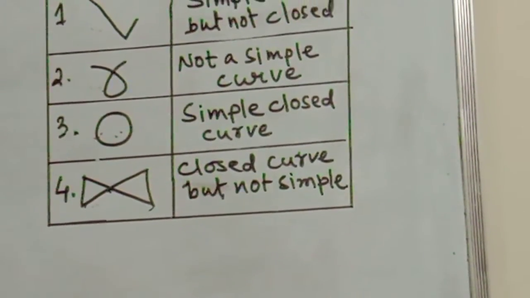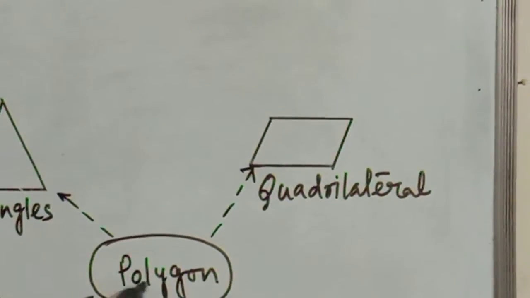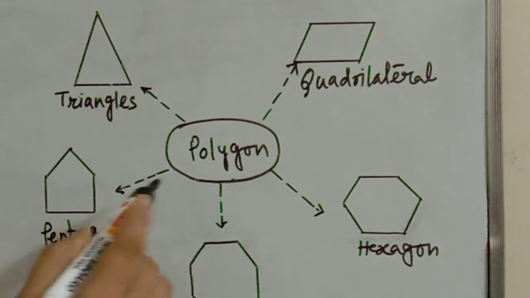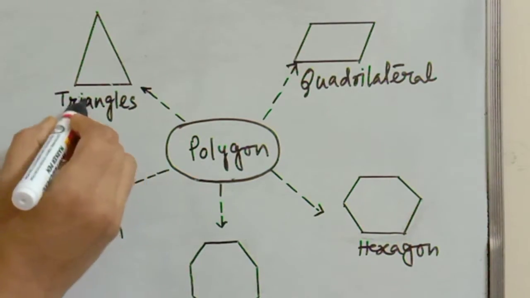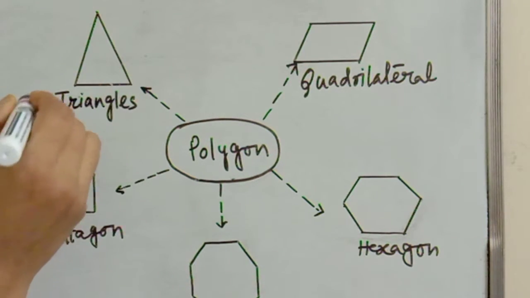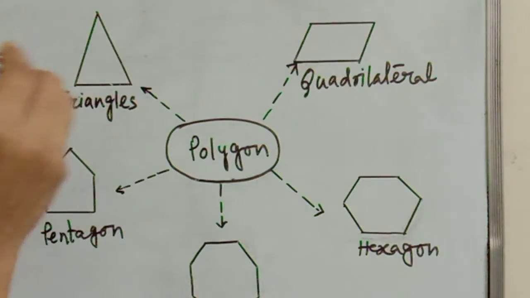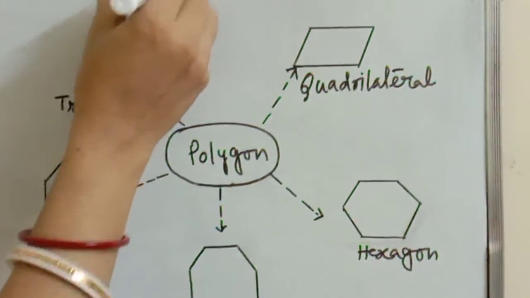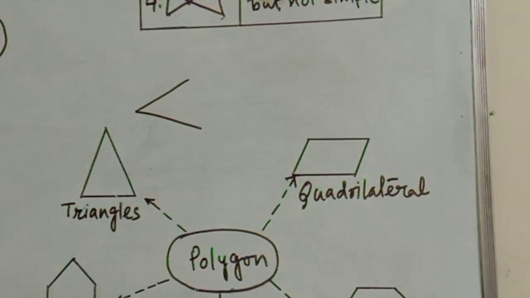Now we will discuss polygons and types of polygons. Polygons, see, are made up of only line segments. The minimum number of line segments which can make a polygon is a triangle. See why? Because if it is one line segment and this one is another line segment, it is not a closed figure.